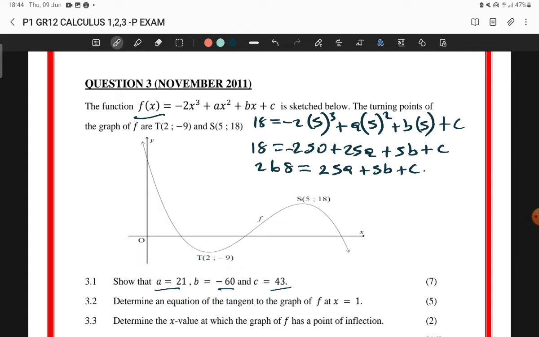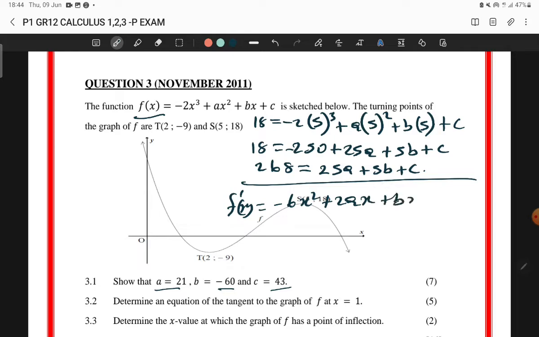So on that note, let's try to differentiate this function. Then we will be having negative 6x squared, plus 2ax, plus b.